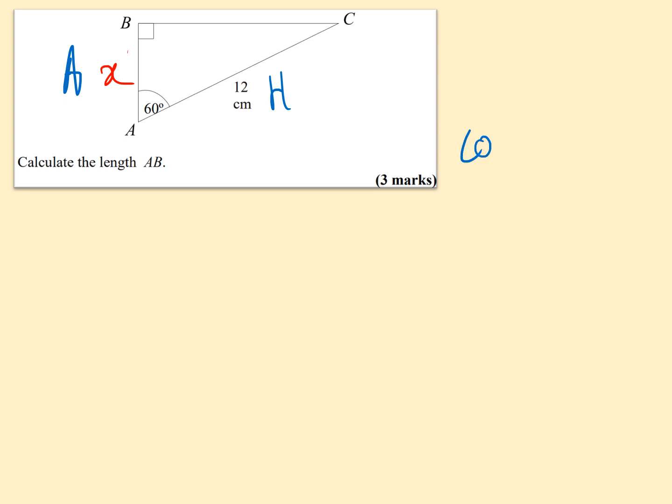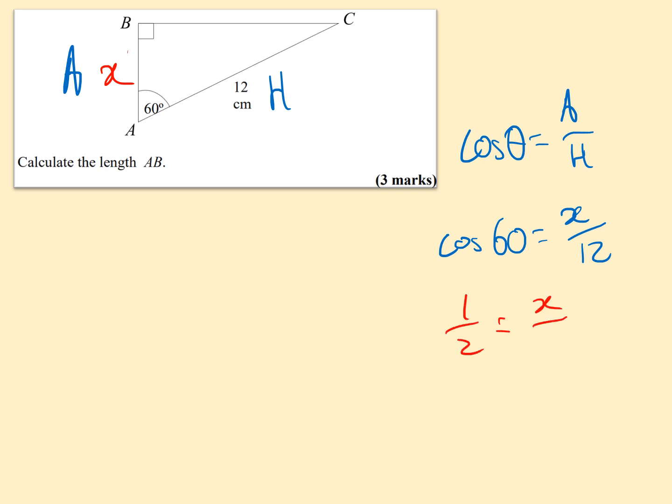The cosine theta is the adjacent divided by the hypotenuse. So in this context, we've got cos 60 is equal to the adjacent, which is x, divided by 12. If I were to draw on my table, you'd find that cos 60 is 1/2, and that's equal to x divided by 12. So x is 1/2 of 12, which is 6.